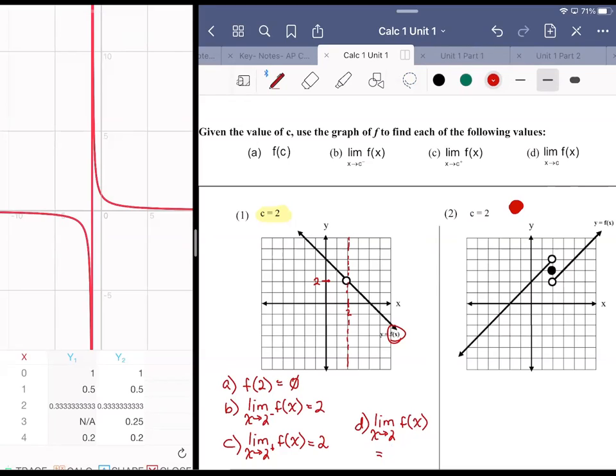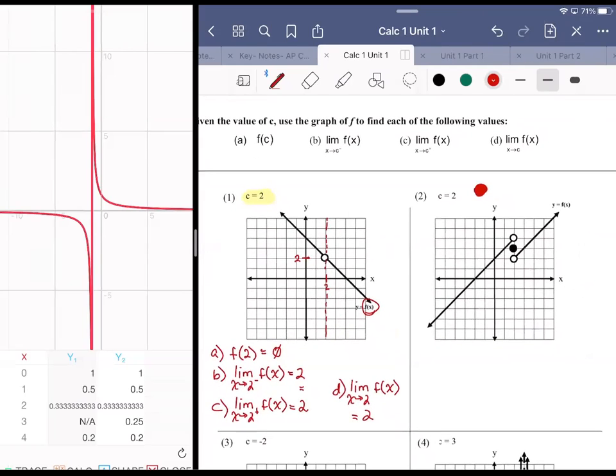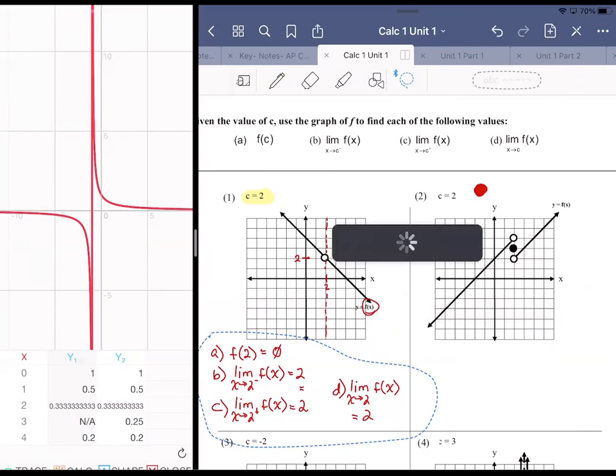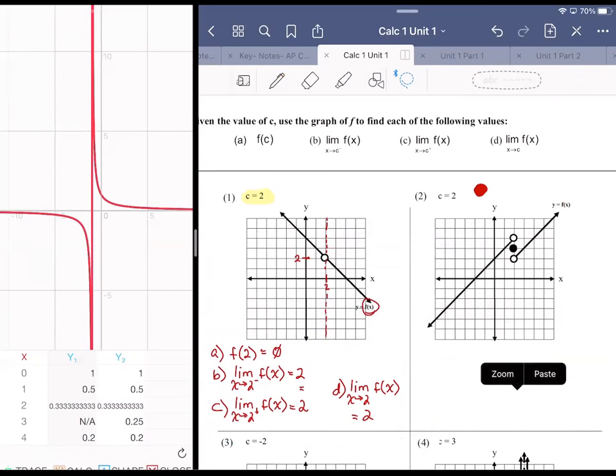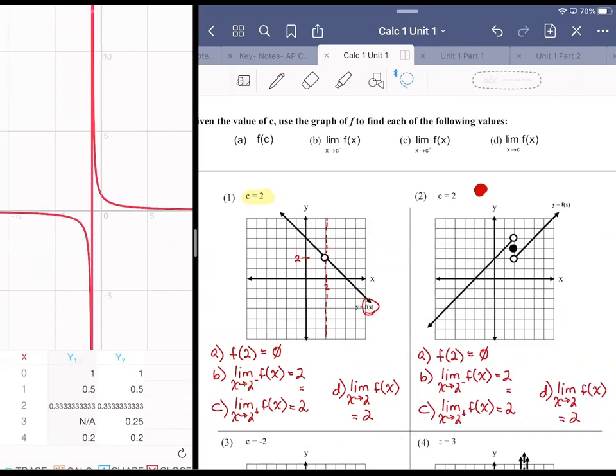You're never actually going to get to the sun before you blow up, but that's what you're aiming for. That's what a limit's talking about, what you're aiming for. And since these two are equal to one another, that's what our limit is. Our limit is equal to 2. So the next one is really the same question. The C value is still a 2, but we're going to get different answers here. So let me wipe out this stuff.